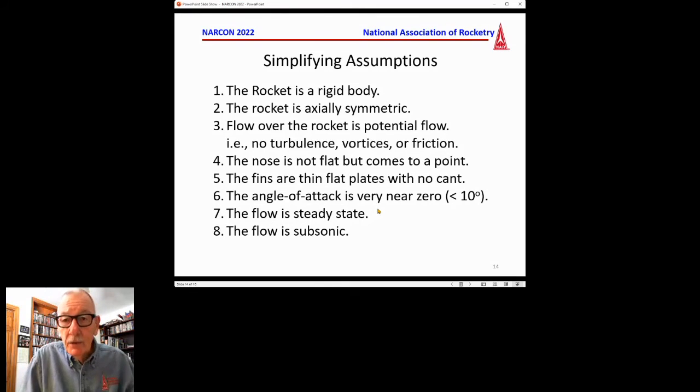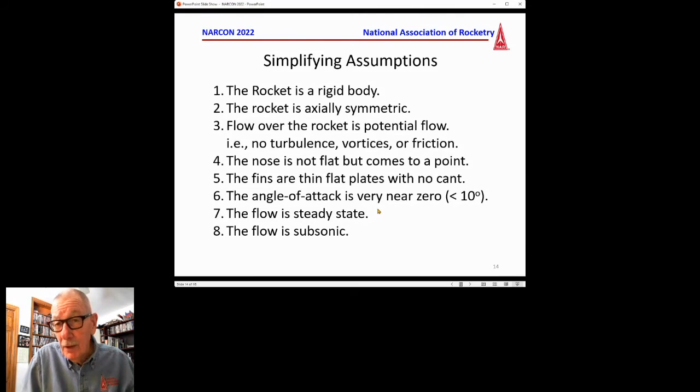The angle of attack is near zero, is a very important one. Near zero, again, it's kind of like what we talked about earlier with the concern about the static margin itself. It's not an absolutely critical thing, but it's important enough that you want to keep it less than or equal to 10 degrees.